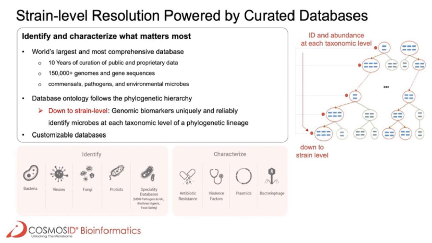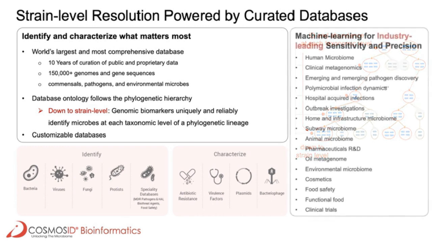Algorithms then go and find hundreds of millions of biomarkers that are uniquely identified across every branch, node, and leaf of the tree. Such phylogenetic organization of the database enables us to identify and differentially detect closely related species and strains, as they are often represented by distinct nodes or branches of the tree with uniquely identifiable biomarkers.